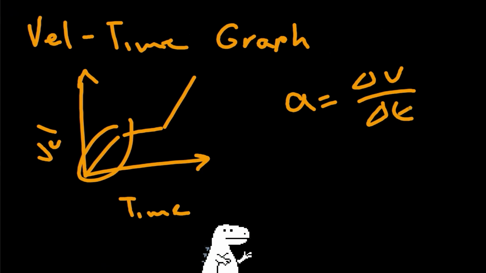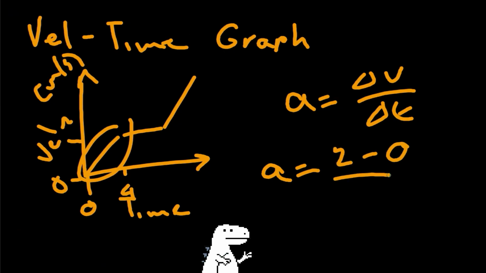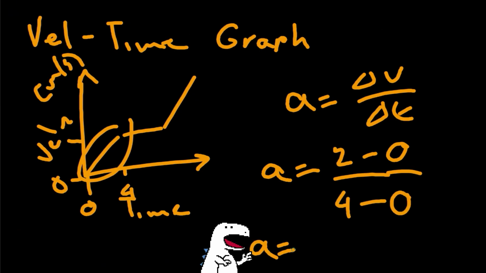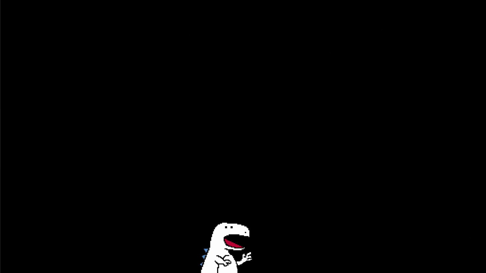Delta v being the change in velocity and delta t being the change in time. Then what we can say about this acceleration is that it will be 2 meters per second minus 0 meters per second, from 0 seconds to 4 seconds. That means our overall acceleration was 2 over 4, or just 0.5 meters per second squared.